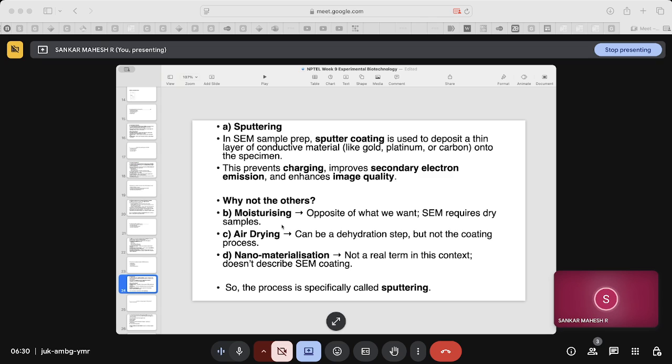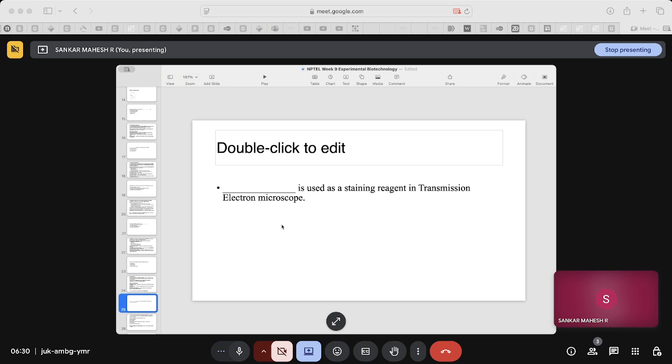This is a dehydration step, but has nothing to do with coating your conductive material. Now, nanomaterialization. Again, it's not relevant. Earlier, we discussed whether carbon nanoparticles will be used, but it was not really the case. So, this process of coating your sample is called sputtering or sputter coating. Okay.